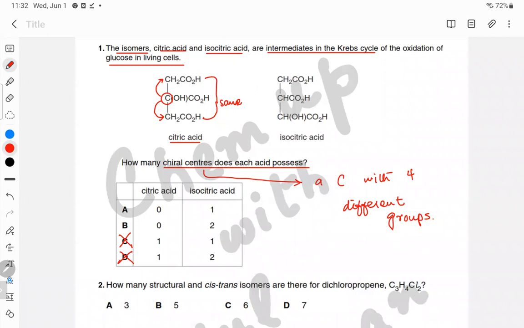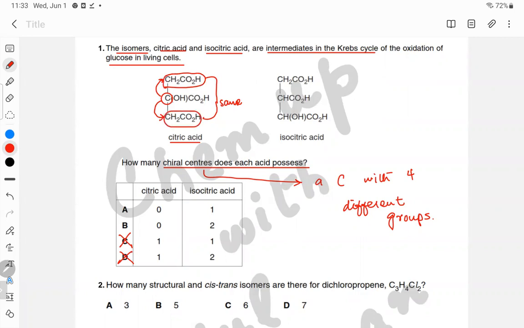Okay, 1 minute. Yes, I'm saying that we have to figure out a chiral center, which means one having 4 different groups. So if I look at this carbon, it has 2 same groups, CH2CO2H and CH2CO2H.